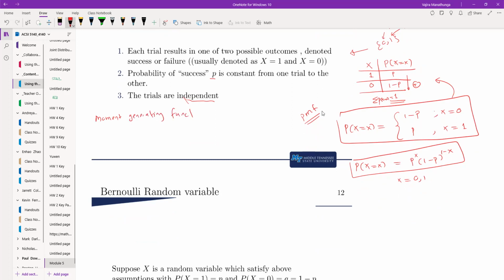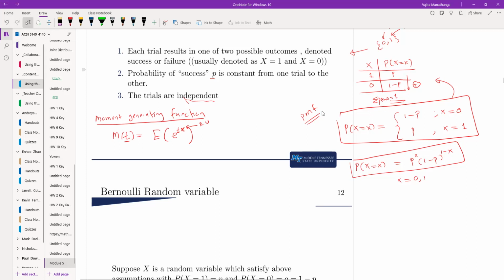The name implies what it does: you can get moments from this function. The definition of the moment generating function is the expected value of e to the tX. Here t is a variable, and this is the random variable.